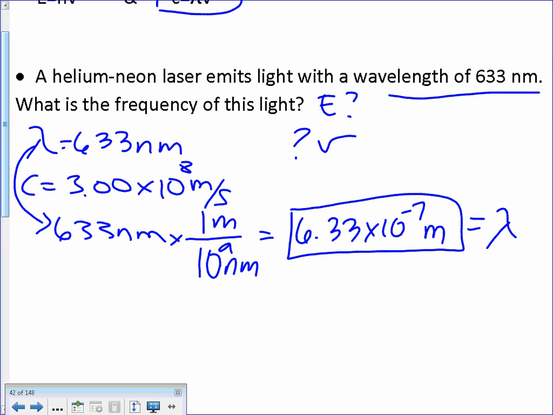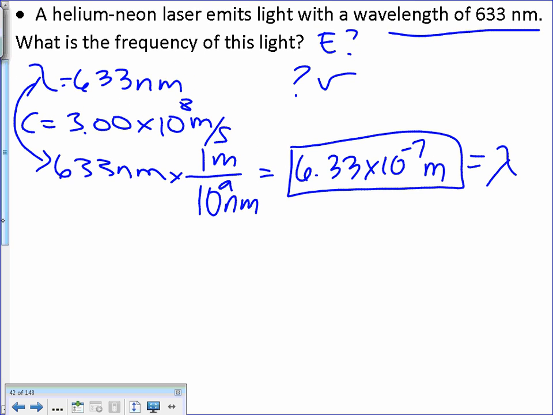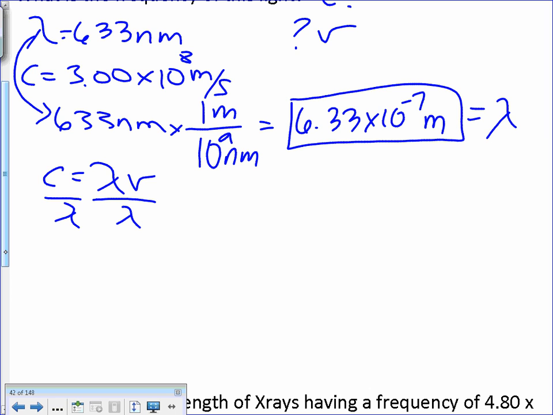Okay, write down your speed of light equation. What do I do to manipulate this to solve for V? Divide by wavelength again. This is the same step as earlier. And so the wavelength cancels.